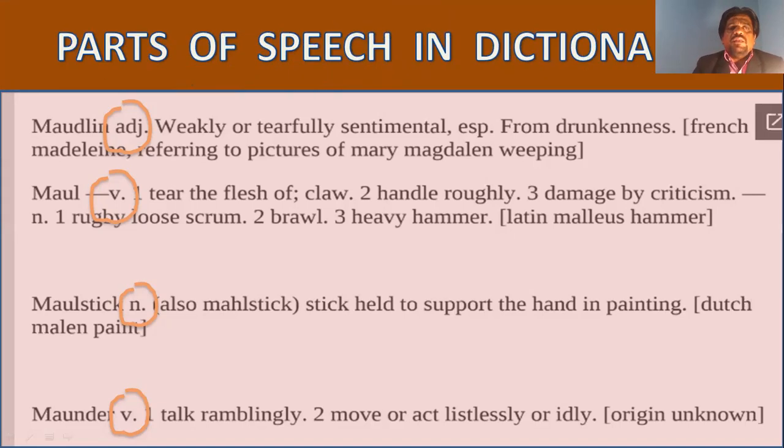So these are the shortcuts that we may use in a dictionary. It is easy for us to understand in which way each word is put in the various groups of parts of speech.